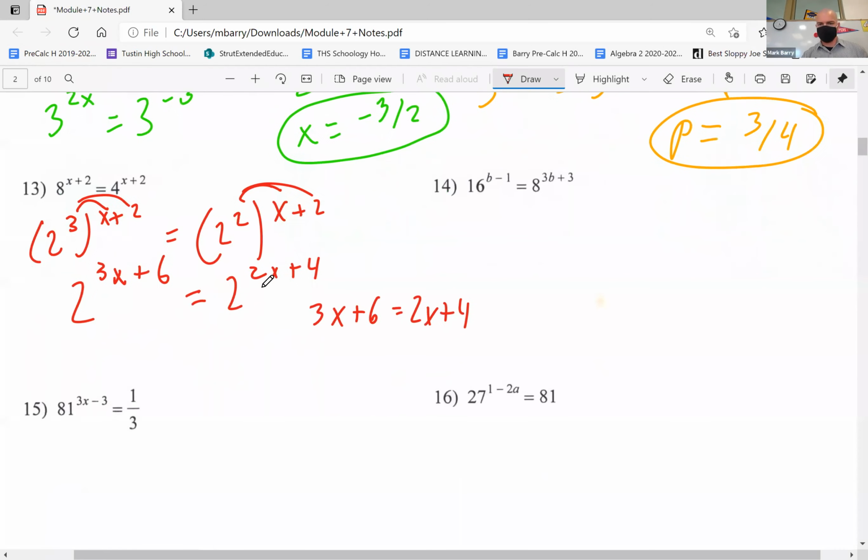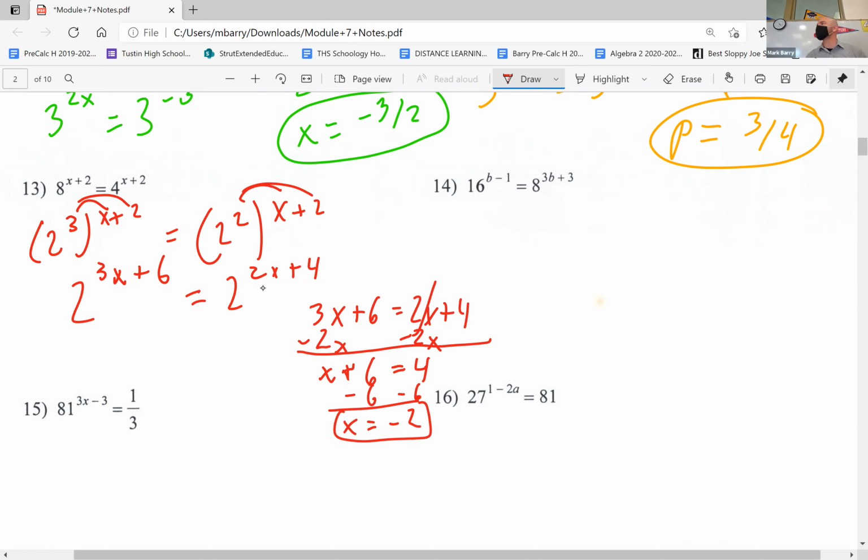So in that case, we always want to move all the variables to the same side. So I'm going to subtract the 2x over here. Finally, I'm going to subtract 6. So I get x equals -2.